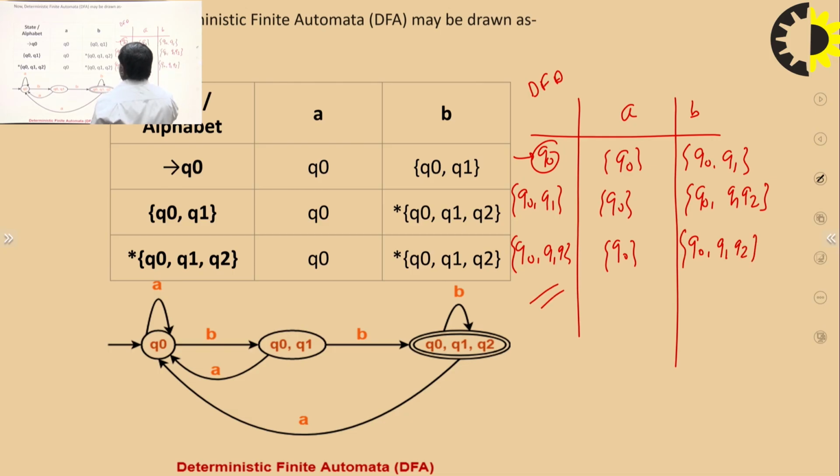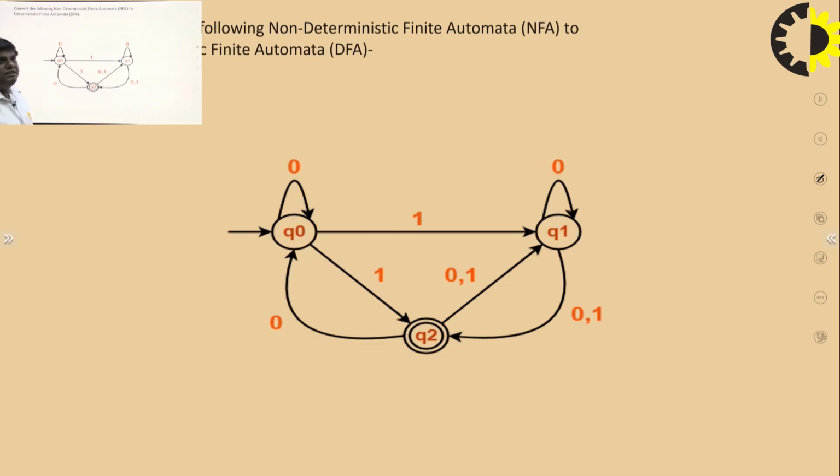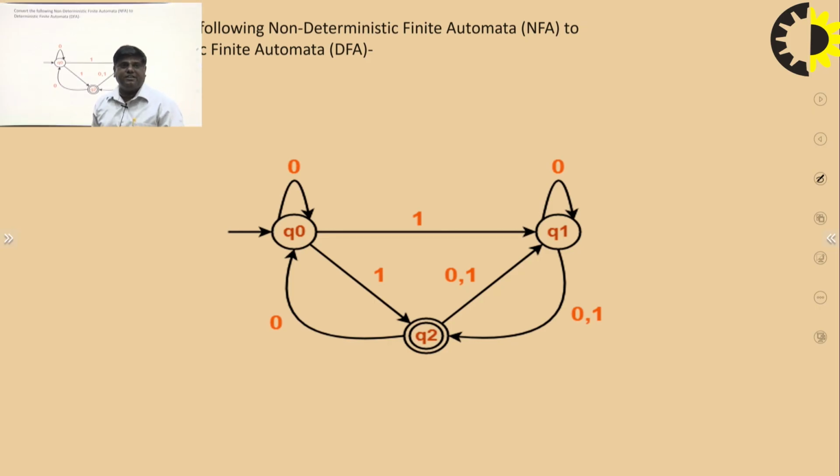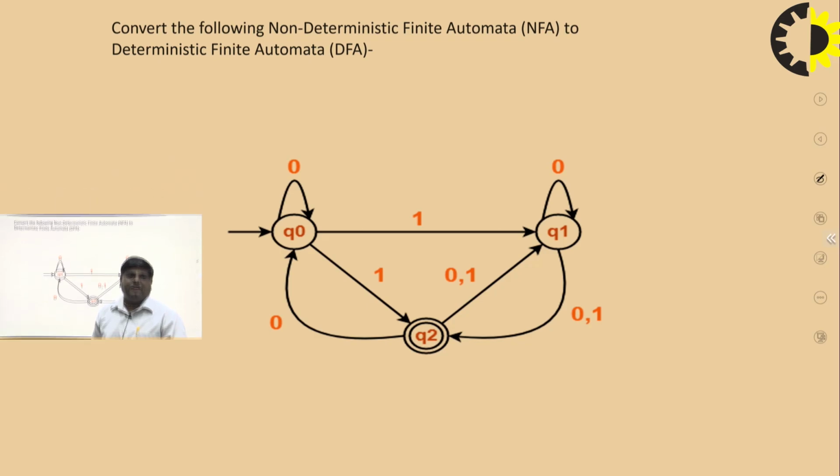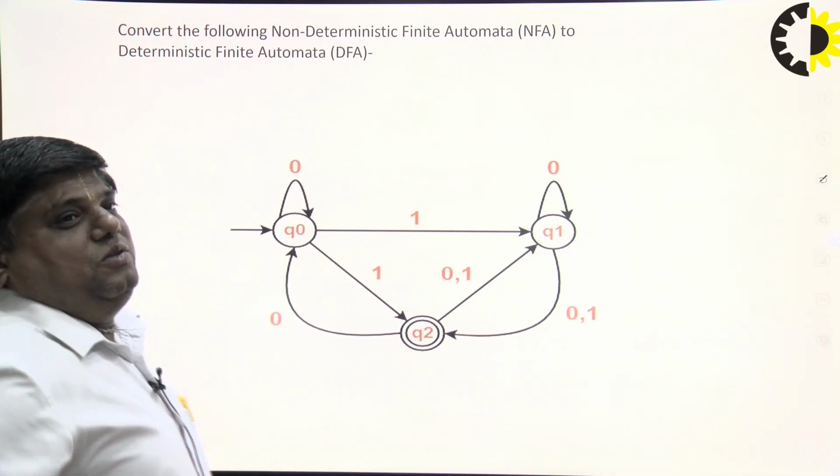Now this is the transition table of this result. That is very simple, and you can try this question by pausing this video, and I think you can easily convert any NFA into a DFA.